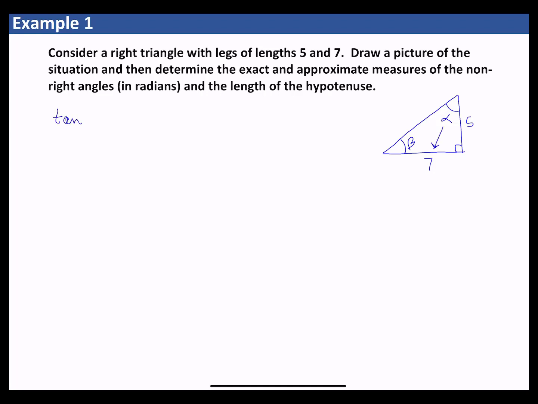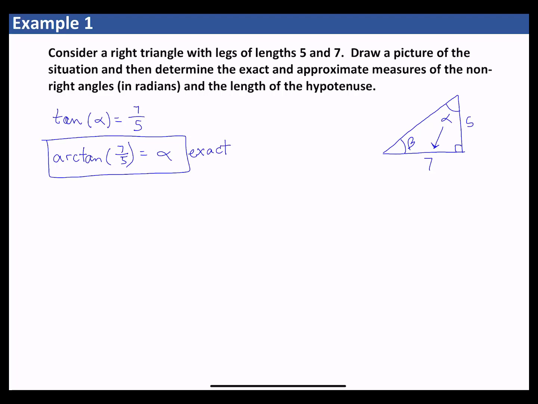So we could say the tangent of alpha equals 7 over 5, opposite over adjacent. And then using the inverse, so the arctan, the input and output will reverse. So we'll have the arctan of 7/5 equals alpha. And that is the exact value for angle alpha.